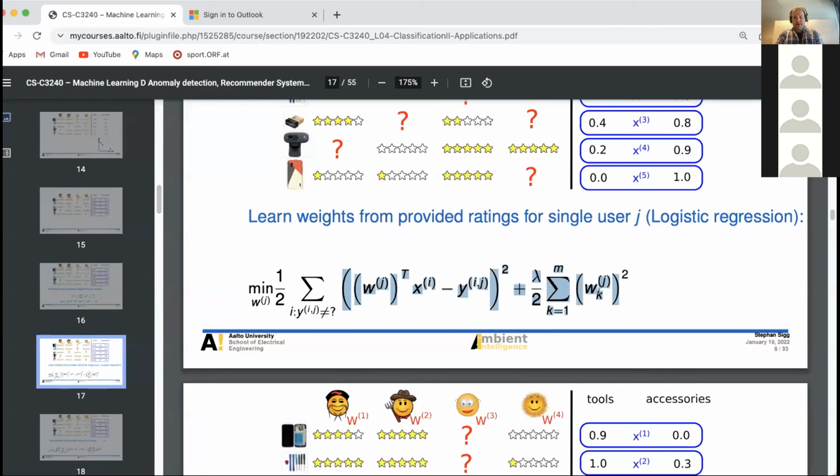We need some measure that tells us how good a particular choice for the hypothesis is, how good a particular choice for the parameters of a linear hypothesis is. And once you have these three components, you plug them together in the form of an optimization problem.